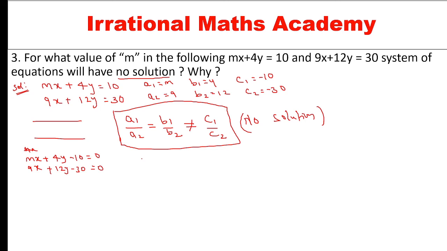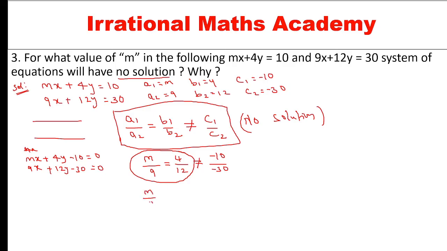Is this clear? Okay. Now what I'll do? I'll substitute the values. M upon A2 is 9, equal to 4 upon B2 which is 12, which is not equal to minus 10 upon minus 30. So these two we will compare and from there we'll get the value.